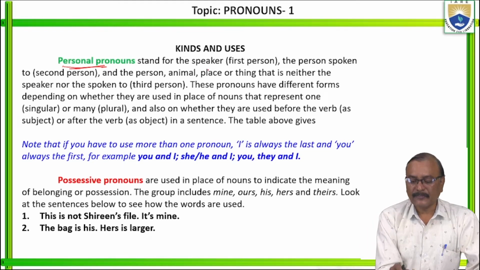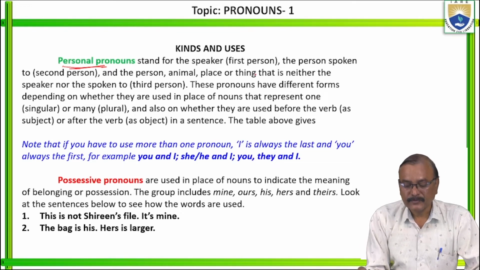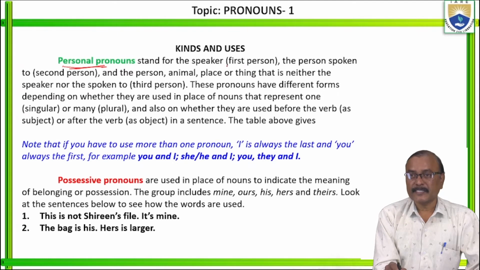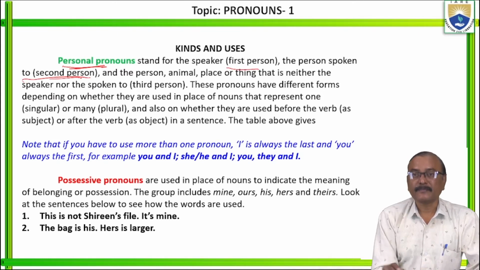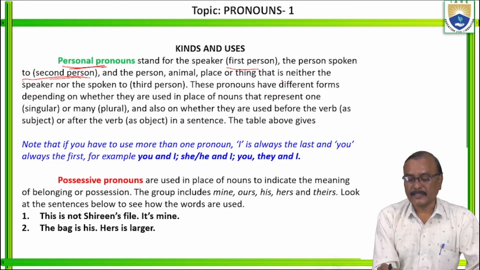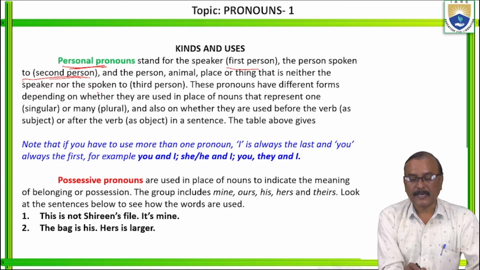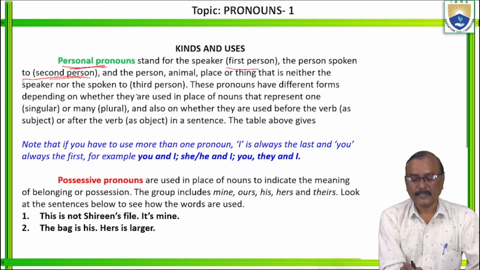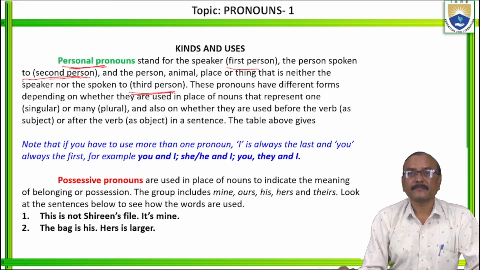Personal pronouns stand for the speaker, that is the first person, the person spoken to, second person, and the person or animal or place or thing that is neither the speaker nor the one spoken to. Is it clear? That is the person about whom we are speaking, called the third person.